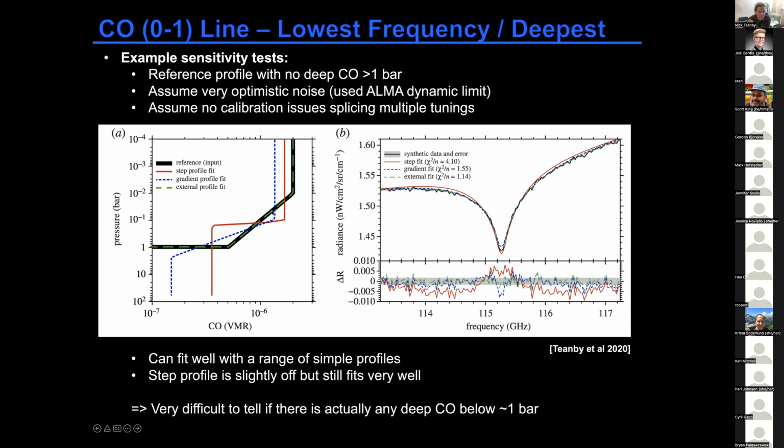Or with this gradient profile, but with some deep abundance. If you do that, you can actually fit this very nicely with any of these profiles. The step profile is slightly worse, but only slightly. So it's really difficult to constrain this deep CO abundance, even with a really nice synthetic observation like this.